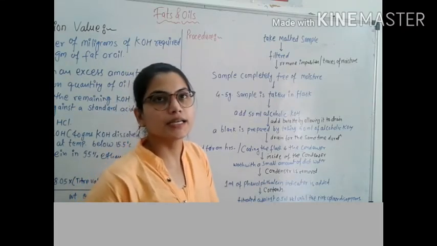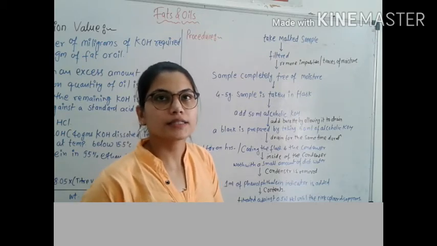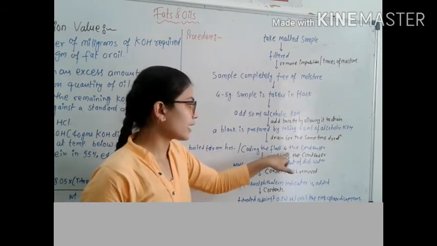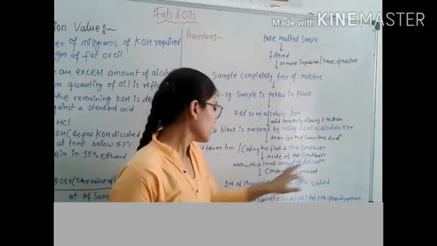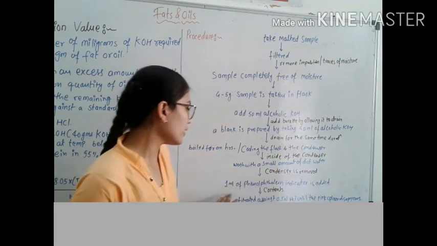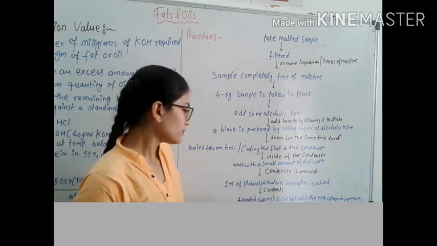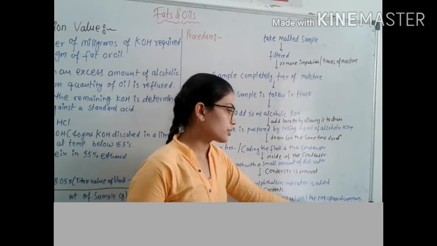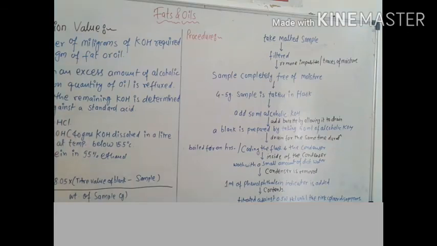An air condenser is connected to the flask and the contents are gently boiled for an hour, then the flask is cooled. The inside of the condenser is washed with a small amount of distilled water, then the condenser is removed. Next, 1 ml of phenolphthalein indicator is added. The contents are titrated against 0.5 normal HCl until the pinkish color disappears. This is the procedure of saponification value.